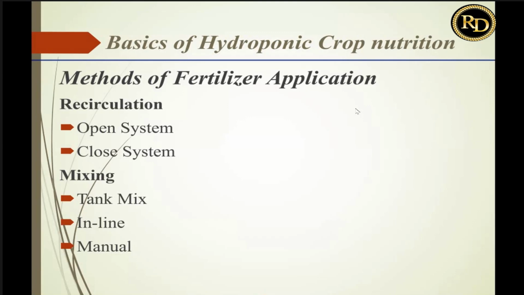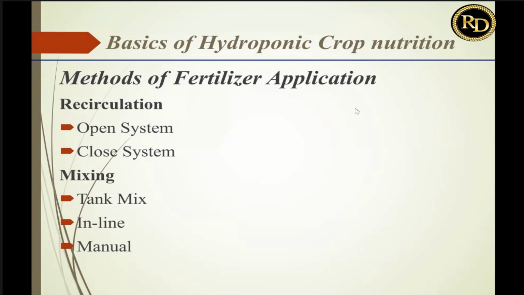An open system is where the pump supplies the nutrition, and whatever is in excess leaches out and is absorbed in the soil. So in an open system, you as a grower apply a fertilizer solution, and the excess leaches out and is absorbed by the soil.